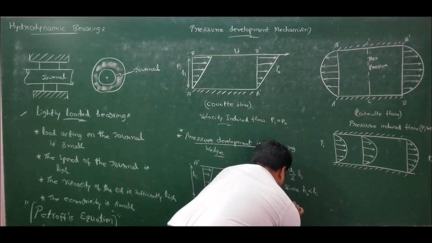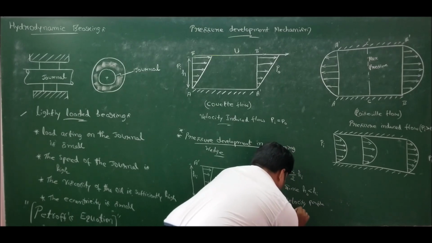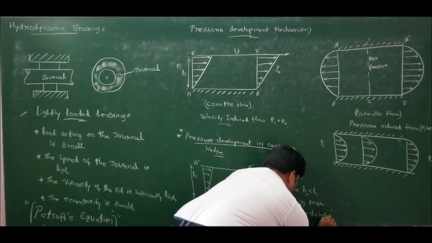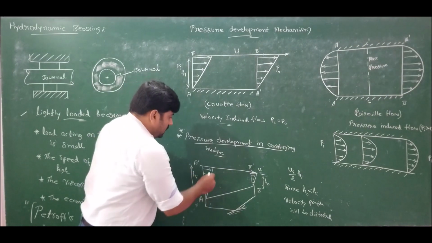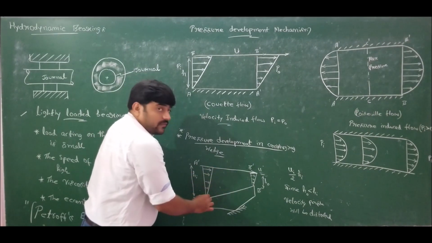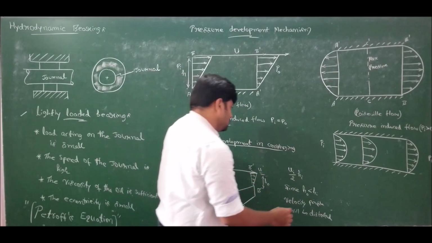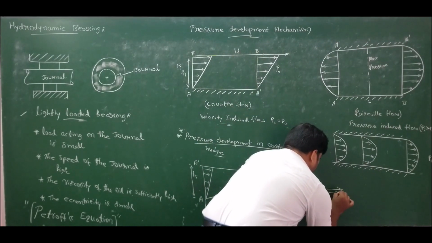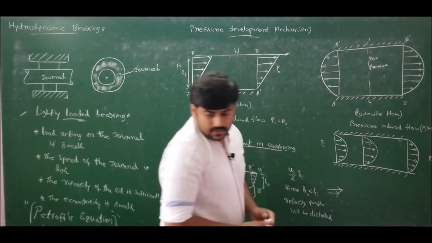So here I will get a concave profile and here I will get a convex profile. That is, if I draw the profile, the profile will look like this. Let me erase this one.